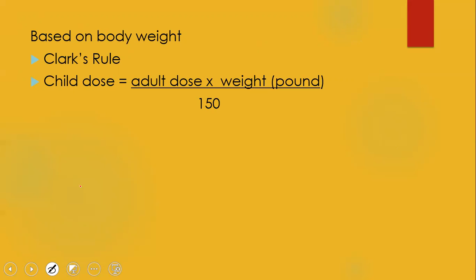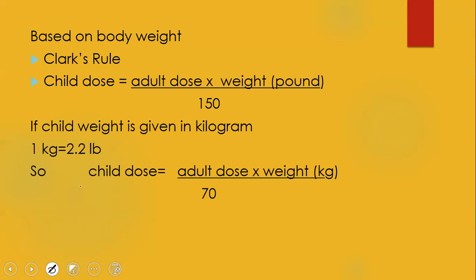Suppose the weight is given in kilogram. 1 kilogram, as you all know, is 2.2 pounds. So child dose is equal to adult dose into weight in kilogram divided by 70. When it is given in pounds, divide by 150. When it is given in kilogram, divide by 70.